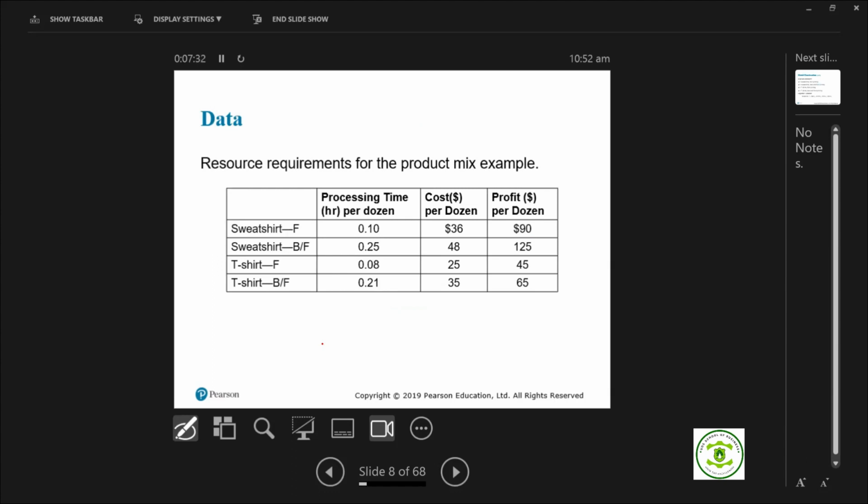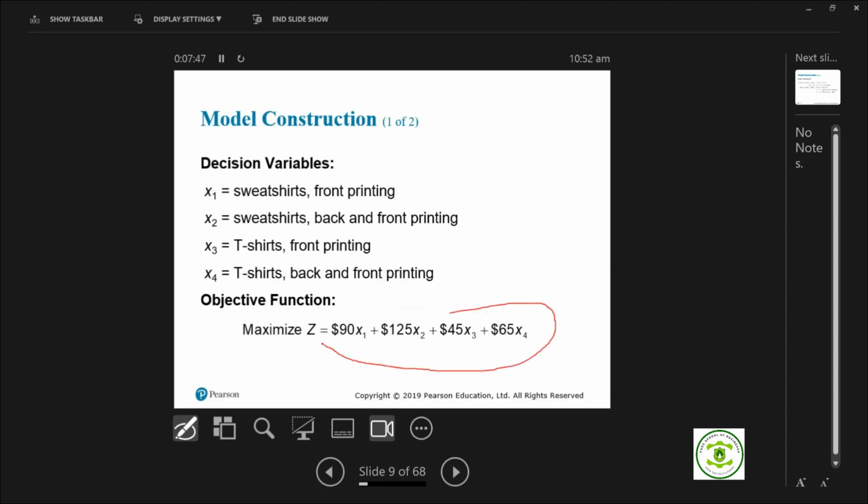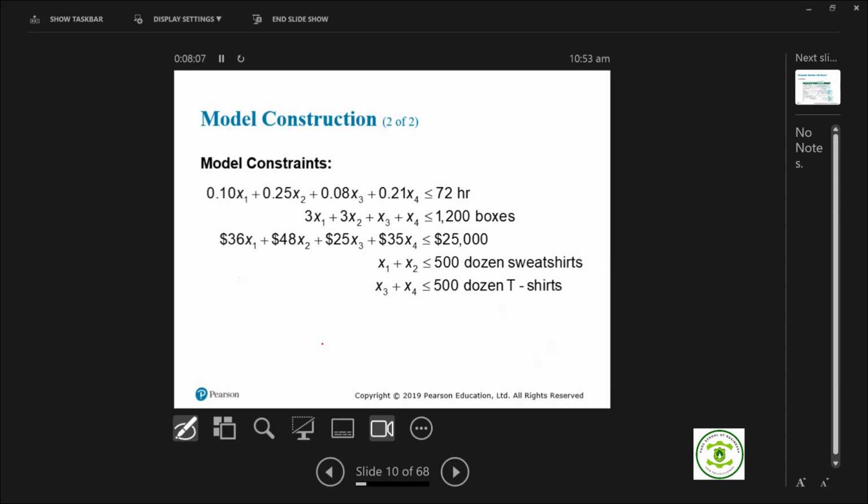So you multiply the x's by their profit per unit. Or in here, the unit is a dozen. And then you get the objective function. So I'm just taking you through this so that when I give you a problem, I will not be there to be explaining these things. So that will give you the objective function. That one usually is easy to set up. The issue is the constraints.